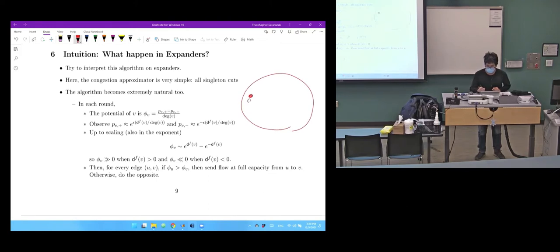Suppose that you have S and T as a source and sink, just the two of them. The algorithm is something like, each time you try to send the flow locally, just flood the flow to your neighbors. It's going to be some intuitive diffusion process, trying to send flow from S to T.